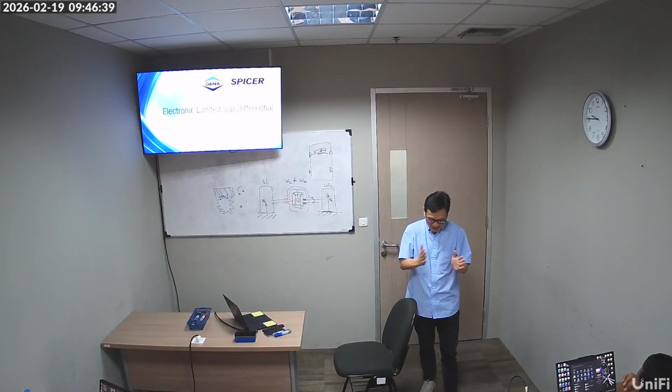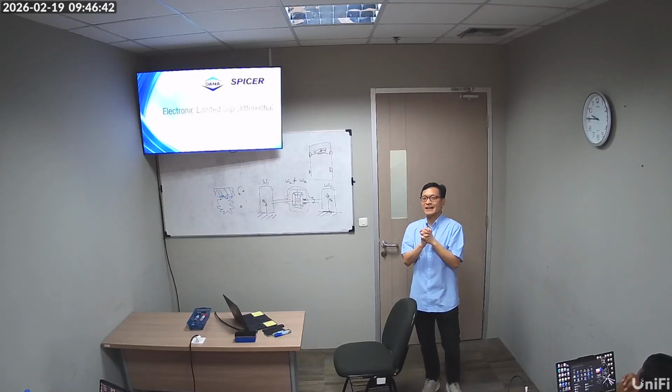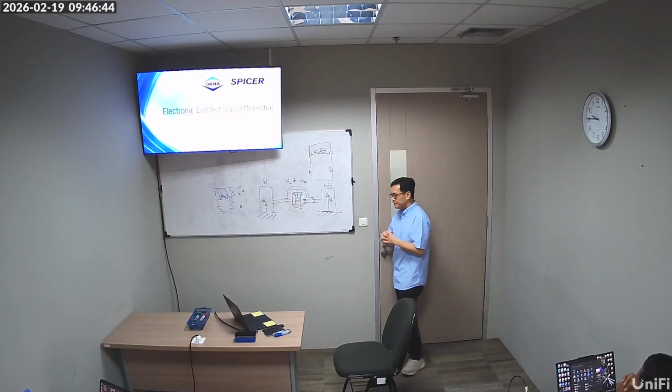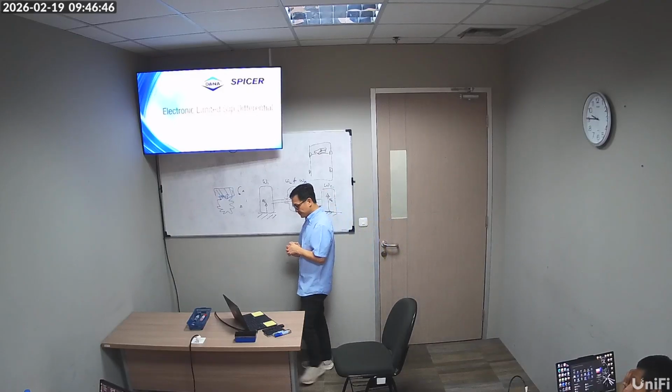With its electronic limited slip differential technology, Dana is building on its driveline expertise and expanding its influence as a system solution provider. Well, before we actually see how it works, make a guess. If you want to control this coupling between the left and right electronically, how will you do it? You will have sensors. So obviously, you have to monitor the difference in RPM. Actuator in the differential.